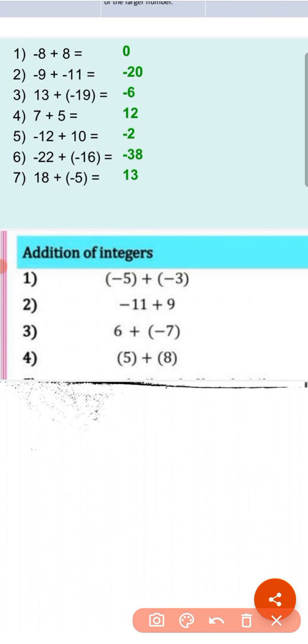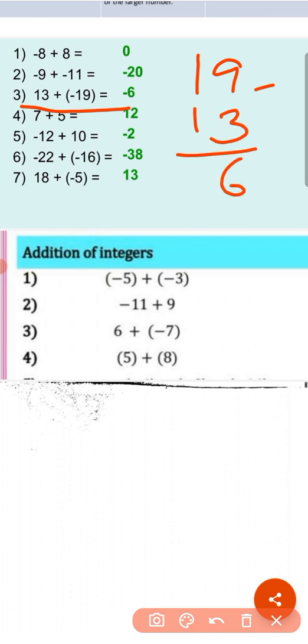Next is 13 plus negative 19. One is positive and the second one is negative. Follow the rules, children. Subtract the smaller number from the larger number. Here 13 is the smaller number. So subtract 13 from 19. 6 is our answer.